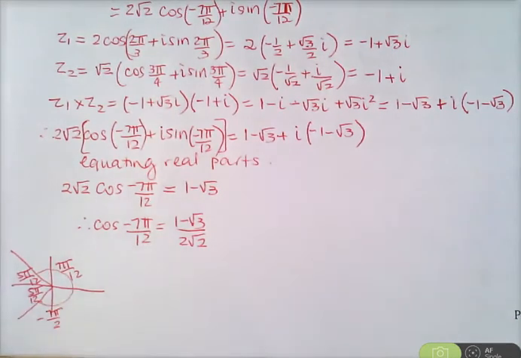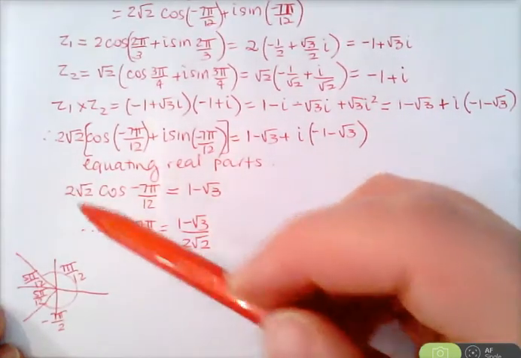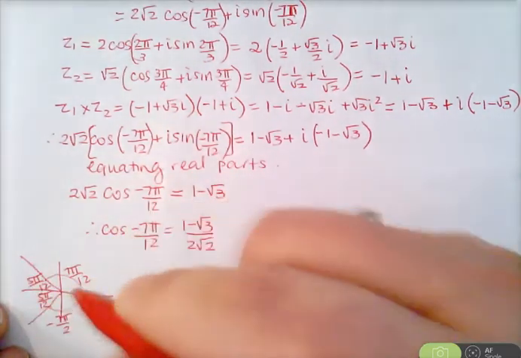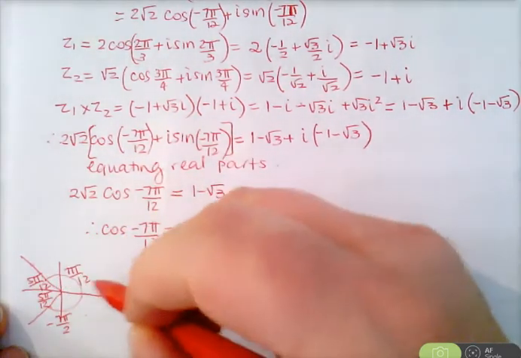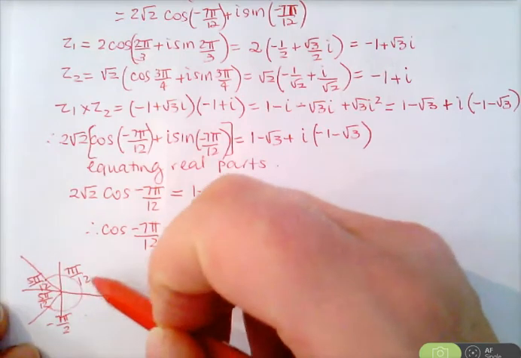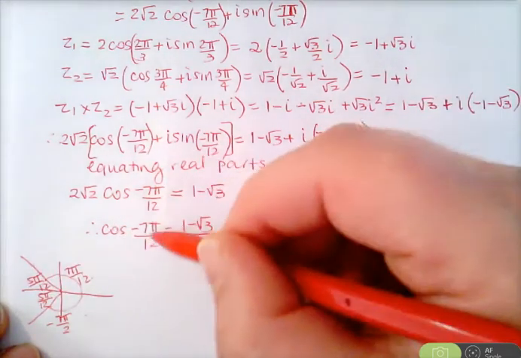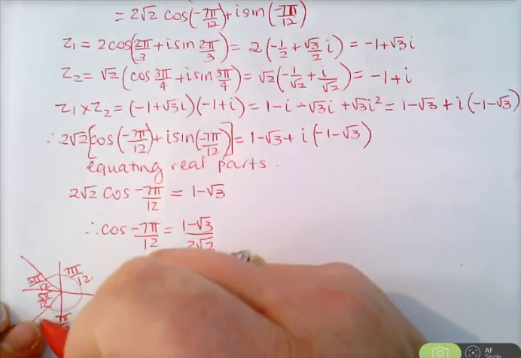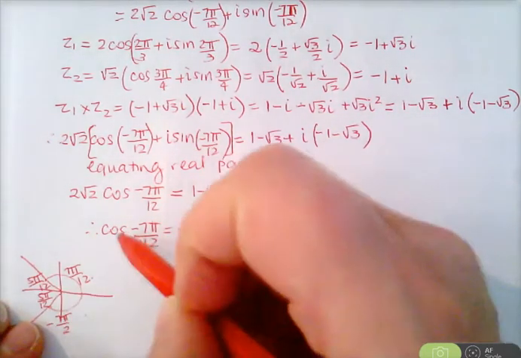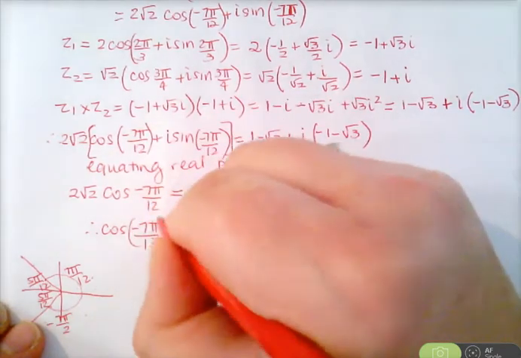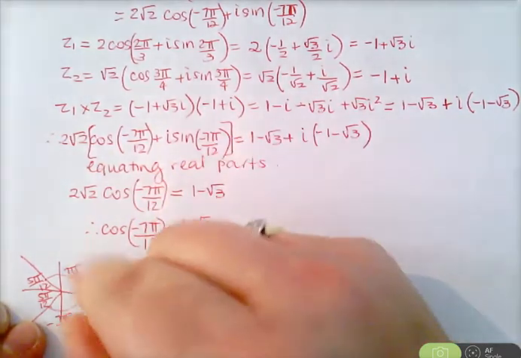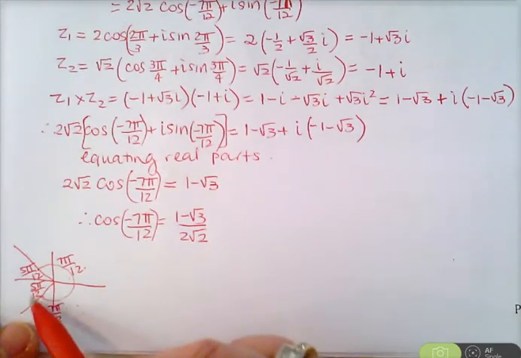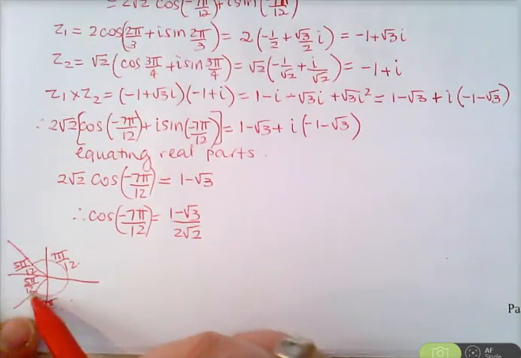Now, we know that 7π/12 is in quadrant 2. Remember, all stations to central. We know that cos is only positive in quadrants 1 and 4. So cos of -7π/12 will give us the same answer as cos 7π/12, or actually I can just do it from here.